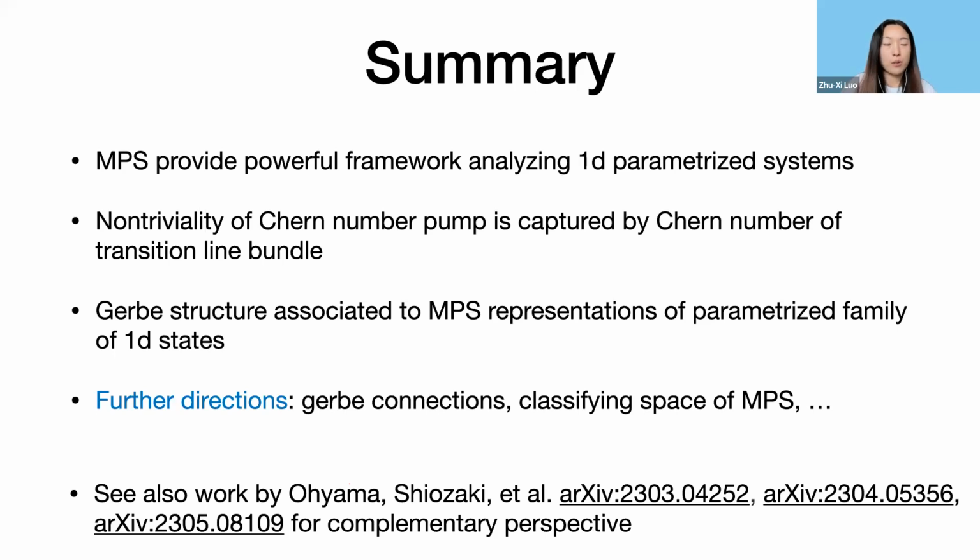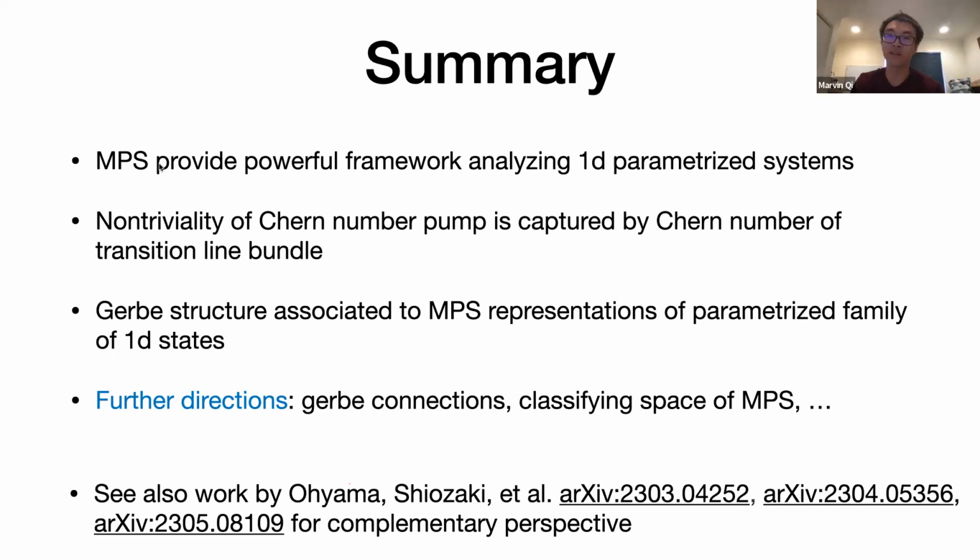I do have one quick question. It looks like the gerb is dealing with the H3 obstructions. Can you do H4 or even higher using MPS? It's certainly expected that this kind of thing continues on to higher dimensions. There are just some technical difficulties.